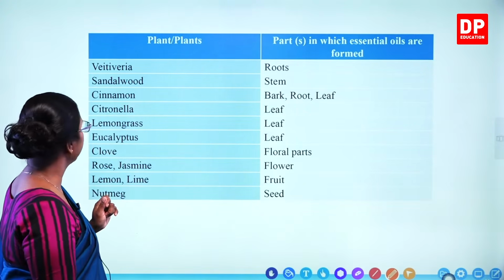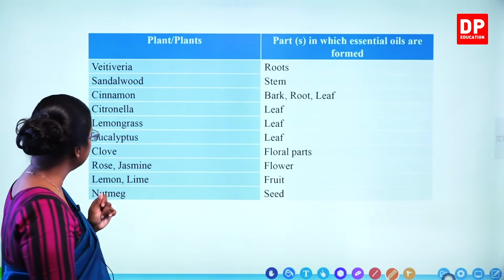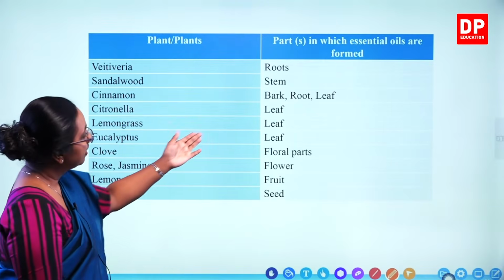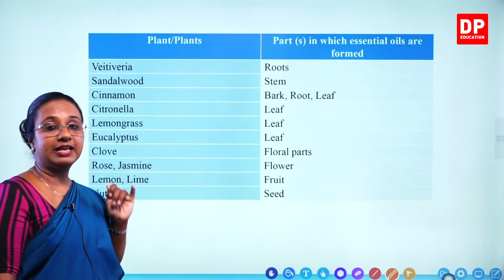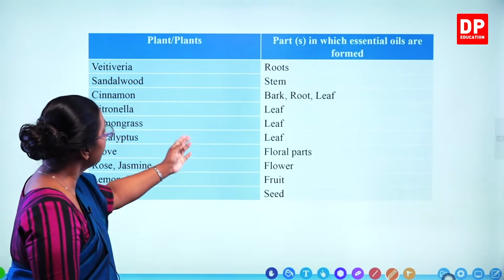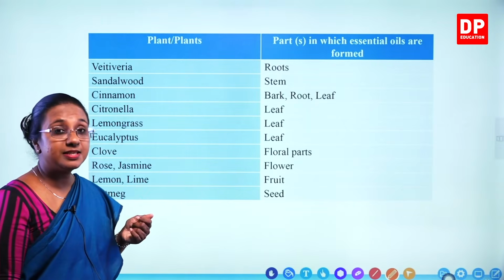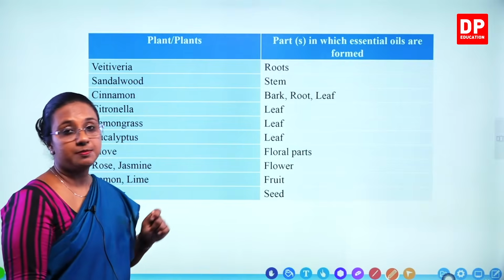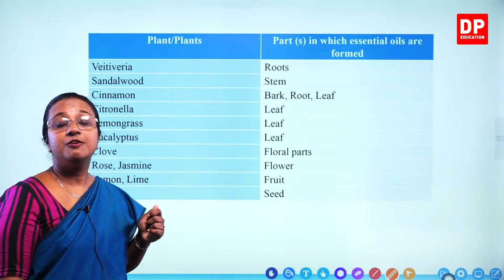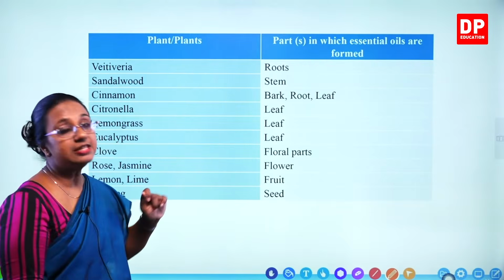Then we have citronella that has essential oils in the leaf, lemongrass that also in leaves, and eucalyptus again in leaves. Most of these essential oils have medicinal value. Then we have clove, the floral parts, the buds. Rose and jasmine, again the flower.